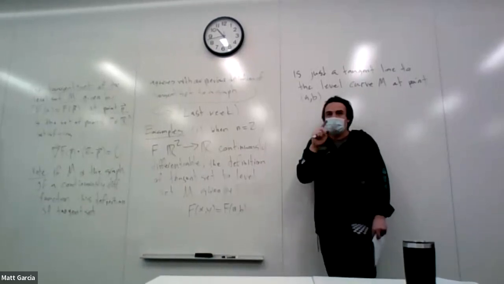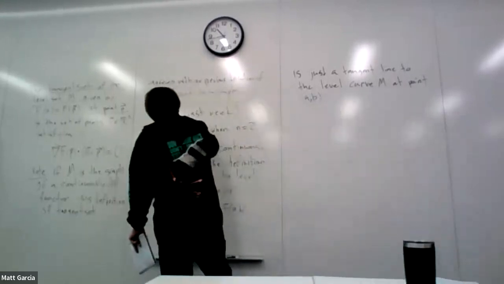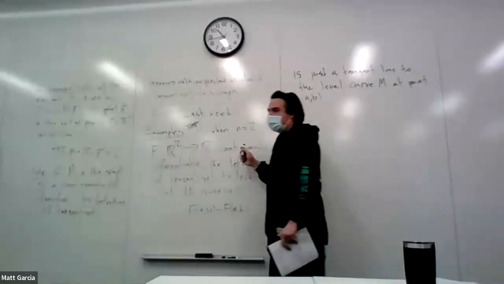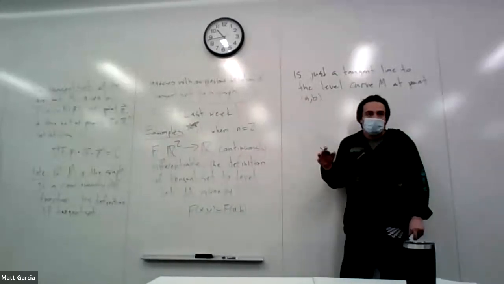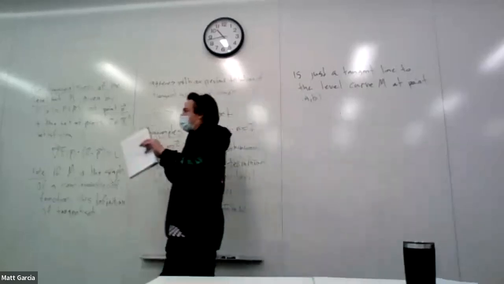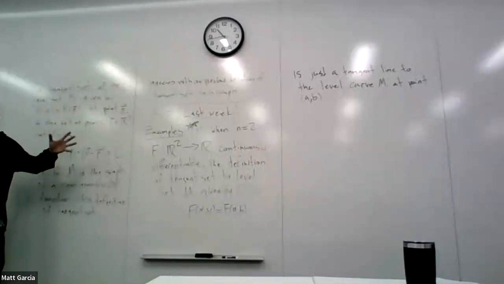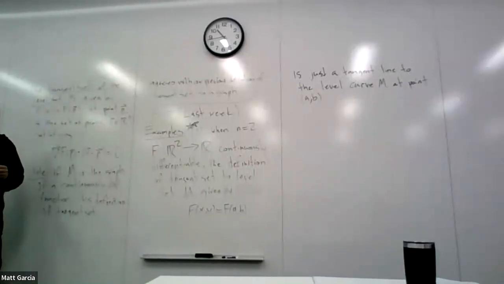Okay. This is a key example. Really think about this. I want you to become very comfortable with determining what dimension thing you're thinking about when you're working with level sets and tangent sets.